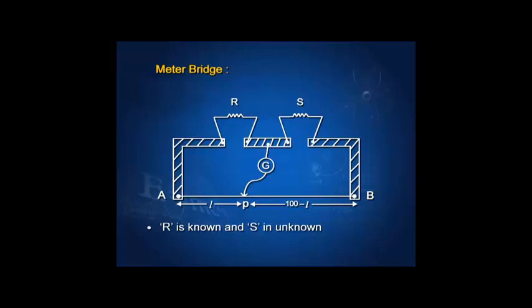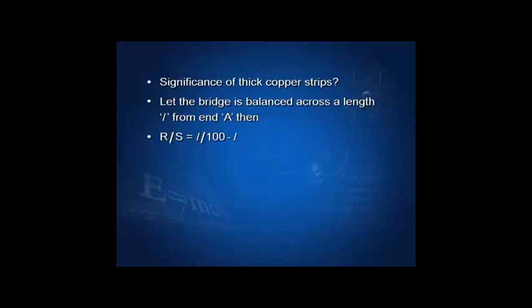If the point P where the galvanometer shows zero deflection is at a distance L from the end A, then the length of AP is L and the length of BP will be 100 minus L. So, R upon S will be equal to L upon 100 minus L.